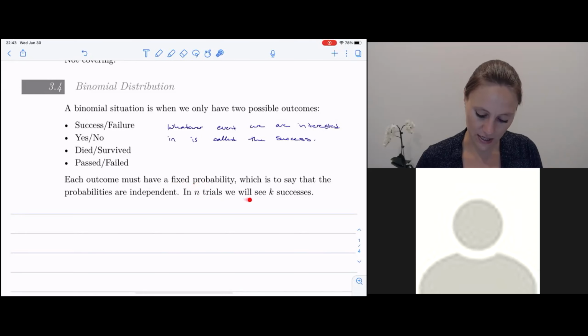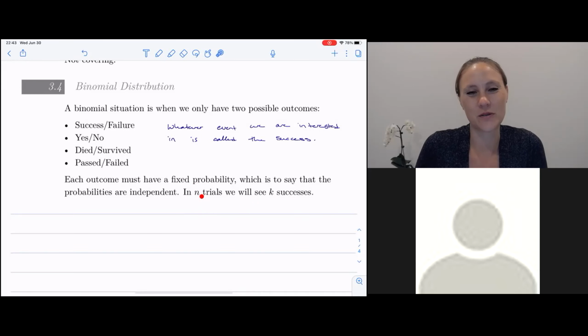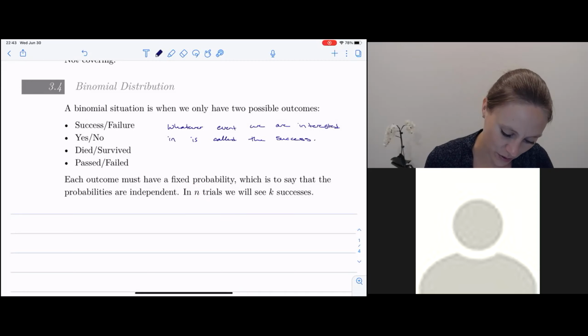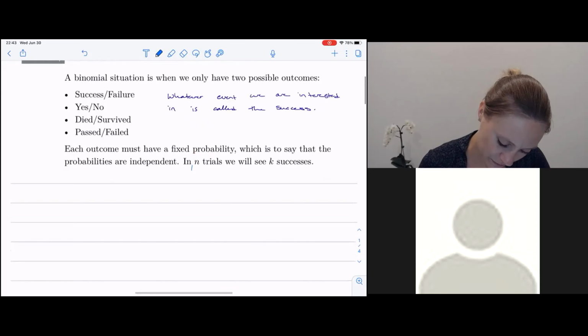Now, introducing a little bit of notation here. N is the number of trials. We're used to seeing lowercase n as the sample size. Fine. Now n is the number of trials. That's a pretty reasonable kind of connection to make, I think. So n is the number of trials. How many times did you try to get a success.